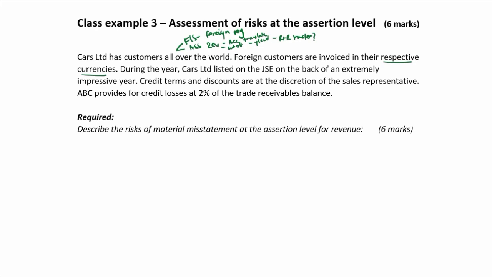During the year, Cars Limited listed on the JSE, so automatically I've got a risk at the financial statement level because there's listing requirements and there's a concern they don't comply with those requirements. On the back of an extremely impressive year, so an extremely impressive year shows that they are doing well.